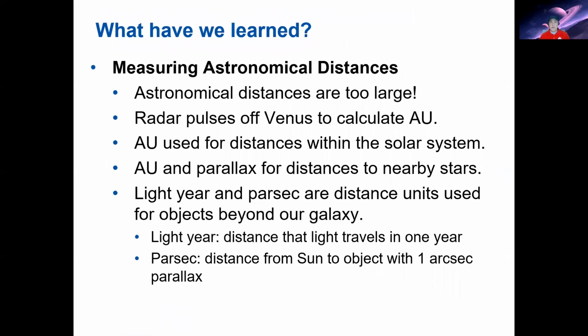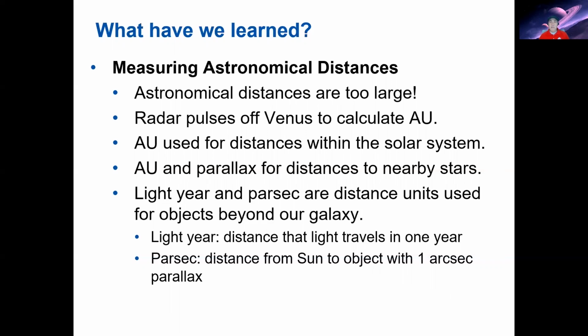So in summary, we learned that different units are used to measure different types of distances. Because astronomical distances are too large, it is not practical to represent them using common units such as miles or kilometers. For a long time, astronomers tried to measure the precise distance between Earth and the Sun, also known as astronomical unit or AU.